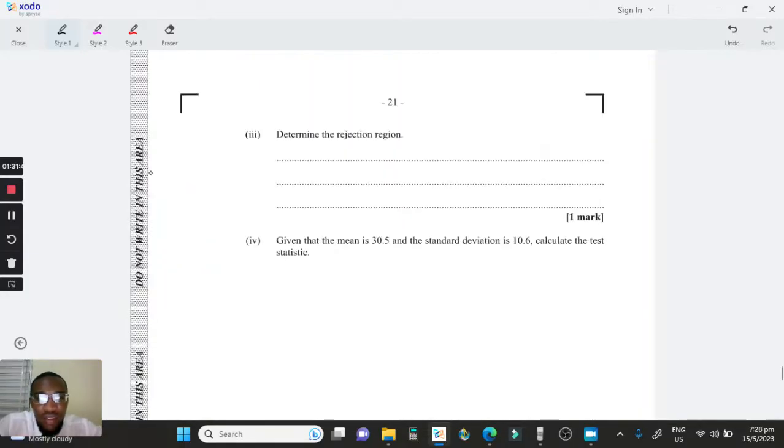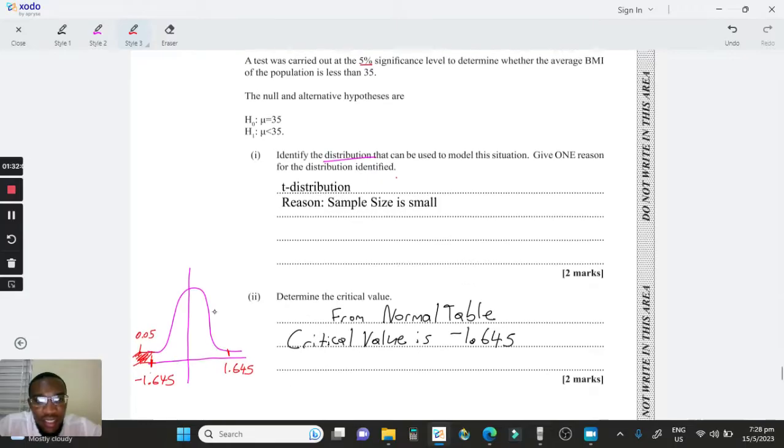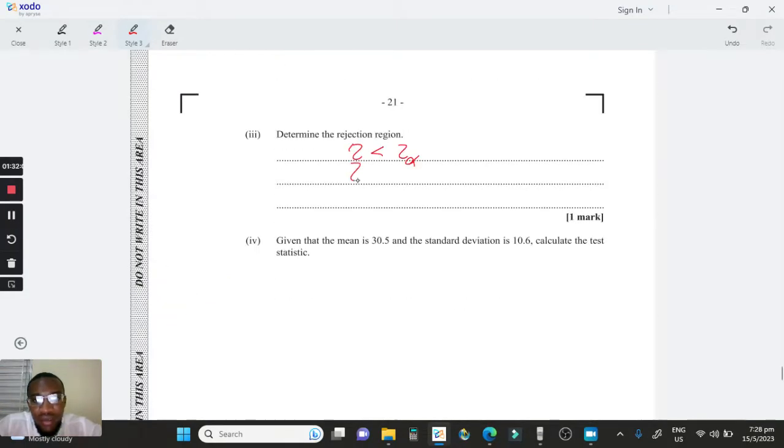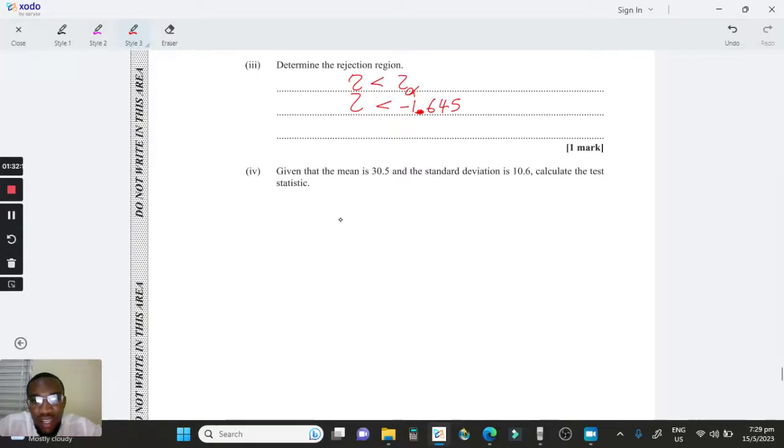Now it says determine the rejection region. The rejection region is when z is less than z alpha. So when our test statistic is less than negative 1.645.